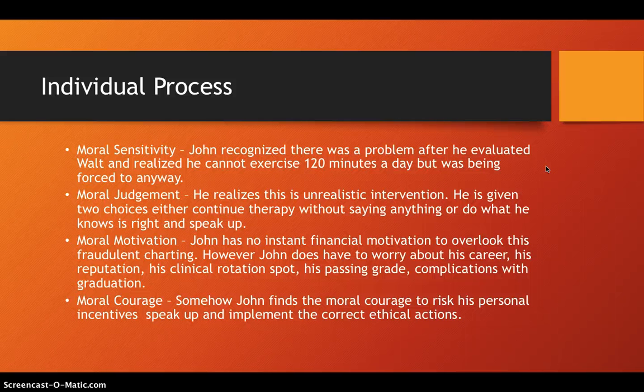He could barely get through the initial eval. Now we want to move into judgment. John realizes that these are unrealistic interventions, and we need to cater to Walt's needs and not the clinic or the facility's.